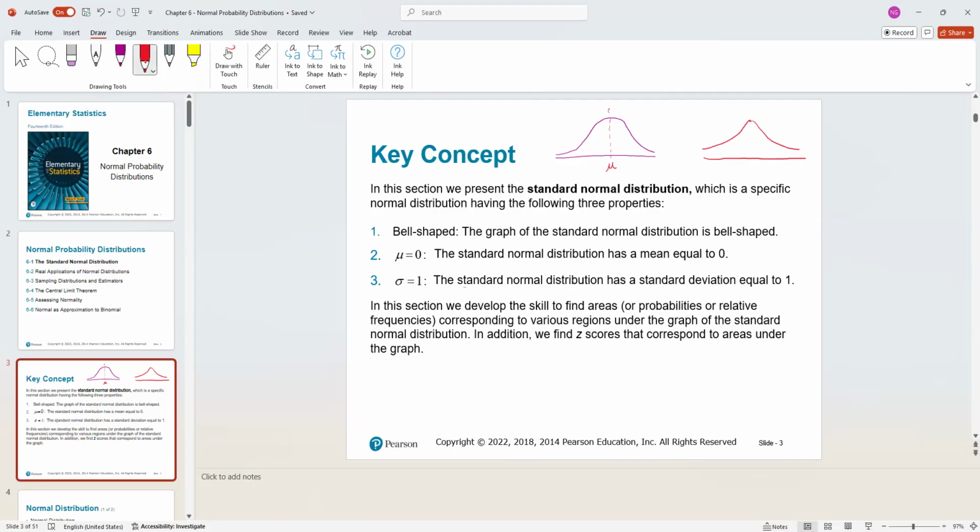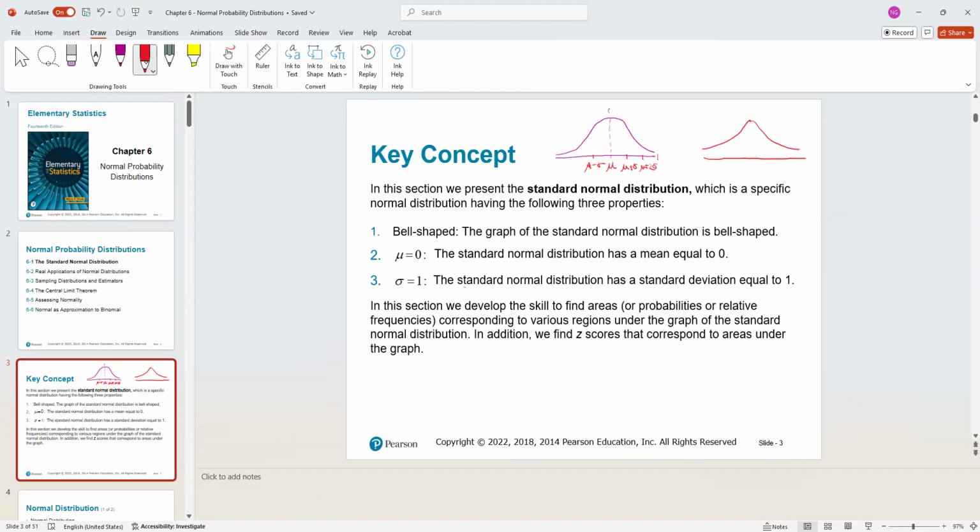Remember, we did the empirical rule, where you can move one standard deviation above the mean, two standard deviations above the mean, and three standard deviations above the mean. And you can subtract one standard deviation below the mean, two standard deviations, etc. So sigma equals 1, the standard normal distribution has a standard deviation equal to 1.